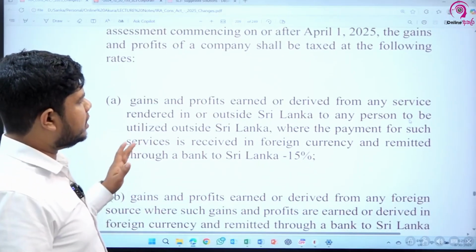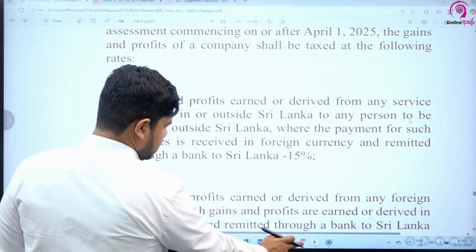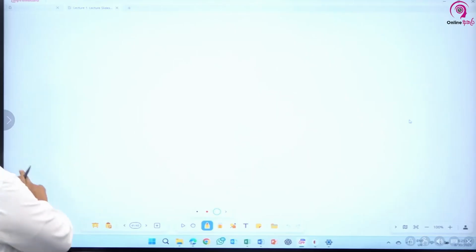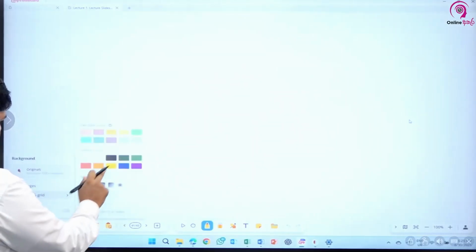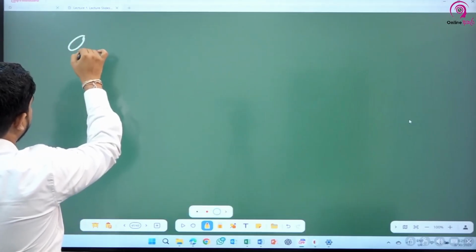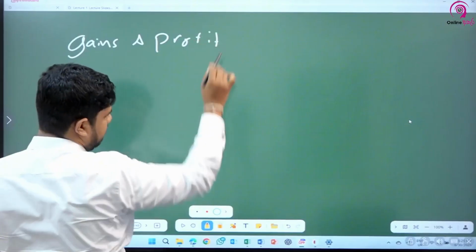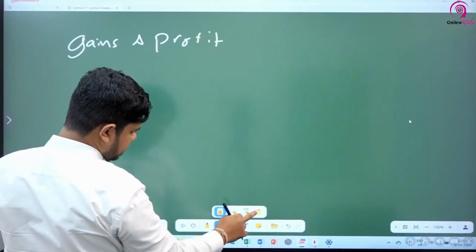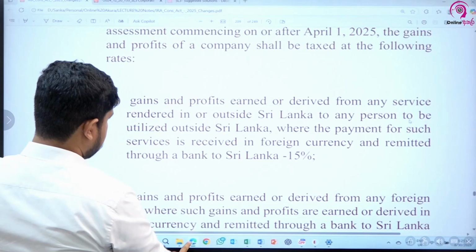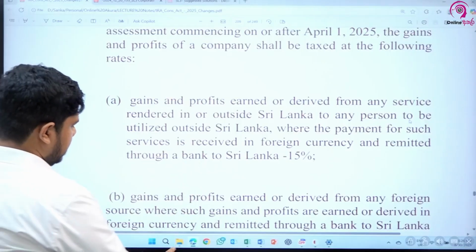Gains and profit earned or derived from any service rendered in or outside Sri Lanka. See the criterias. Now criterias. I'll go into different slide. Gains and profit. Without writing that word, I'll directly write the short one. Earned or derived from any service rendered in or outside Sri Lanka, right?